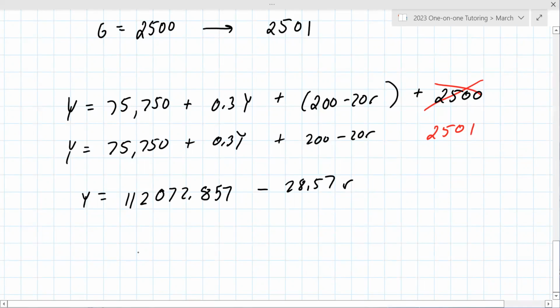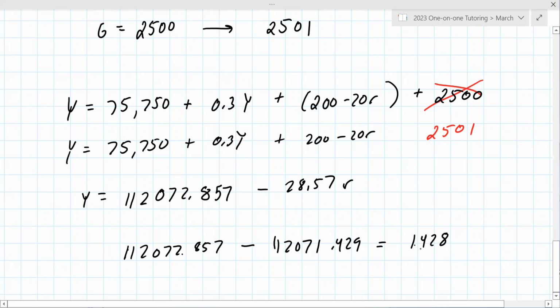Okay, yeah. So you take this 112,072.857 and subtract the 112,071.429. Now, why do you subtract those? I don't know, that's just what the math says. Which equals 1.428. And it's the constant of the equation, if that matters.